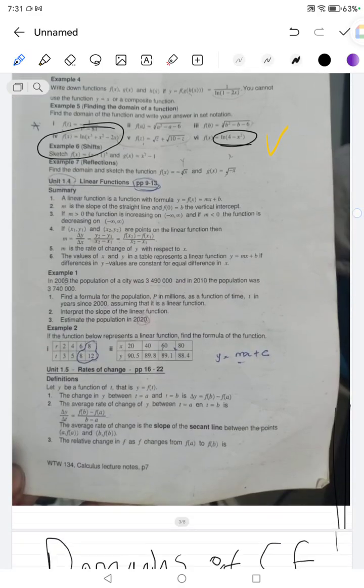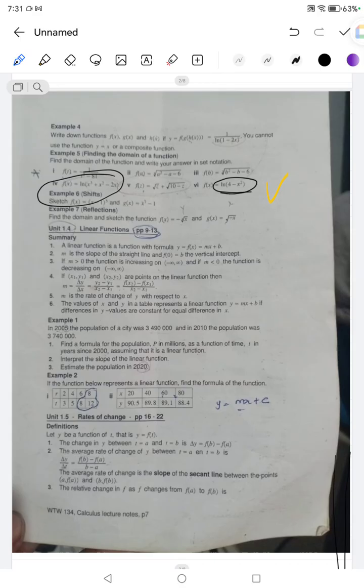Then let's check other examples you're going to be getting. The other examples are where you're going to be getting linear functions, and you'll see they like this type of format in your WTW, where they've given you something like 2010, 2020, and so on.